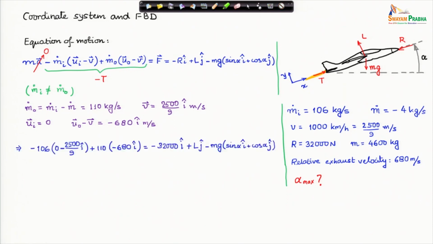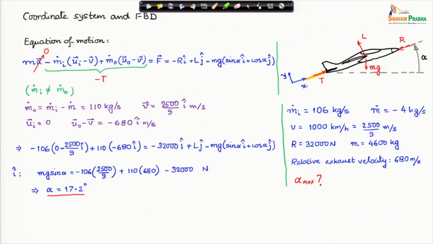Plugging in all these values into the master equation, I do a little bit of algebraic simplification and look at the i cap component of the equation. It involves sin alpha, and everything else is known, and at this instant the mass of the aircraft is 4600 kilogram, let us say.